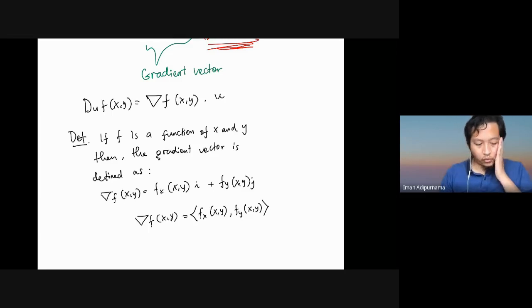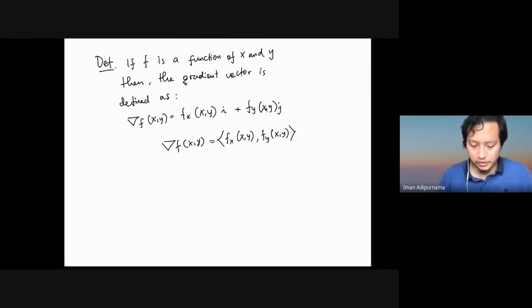Of course, if you have more variables, you can have 3 variables, for instance.